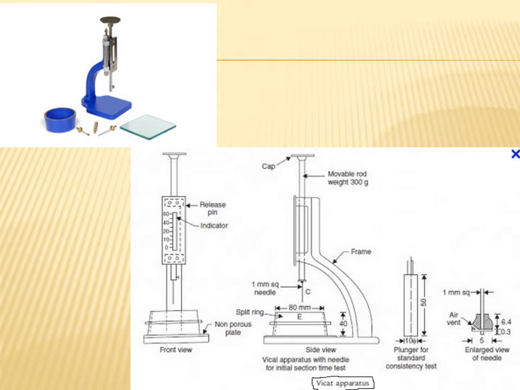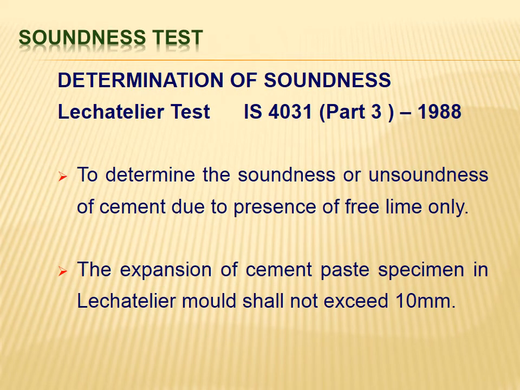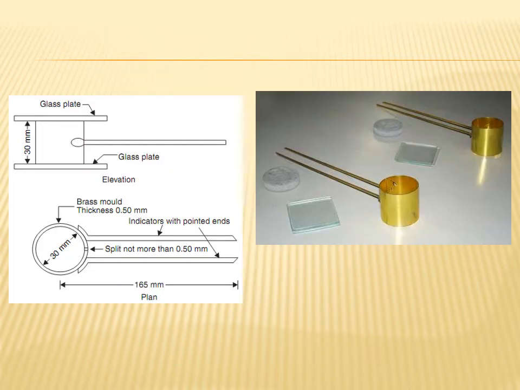Prepare the paste, fill it in the mold, place it, attach the needle, release the needle, increase the water cement ratio and note down the reading, to find the optimum consistency of the cement paste. Then initial and final setting time: the same Vicat's apparatus is used, but the needle will be different. Then soundness: to determine the soundness, Le Chatelier apparatus is used. This is the Le Chatelier apparatus.